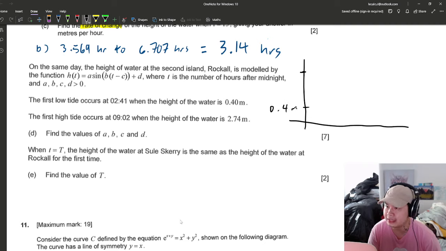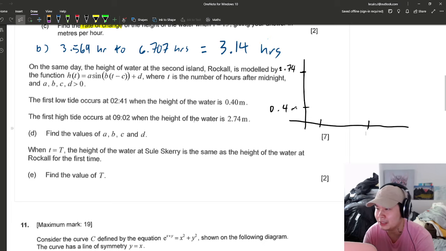They say high tide is 2.74 meters. The low tide occurs at 2:41, and then the high tide occurs at 9:02. Oh, why are they annoying about that?